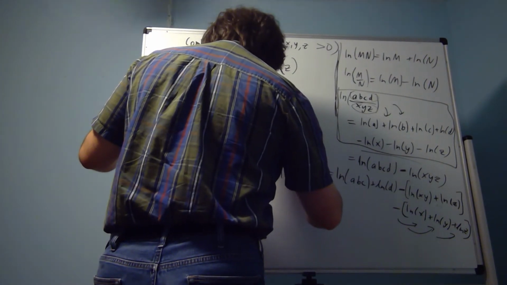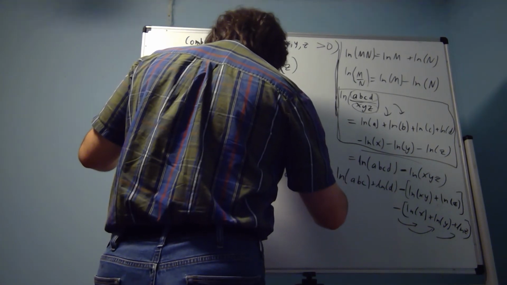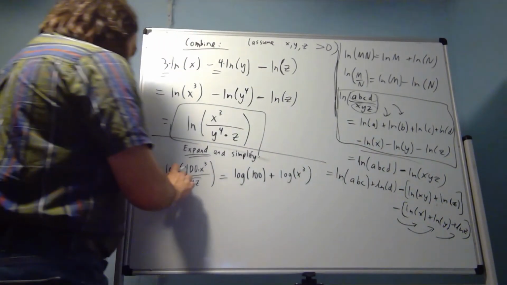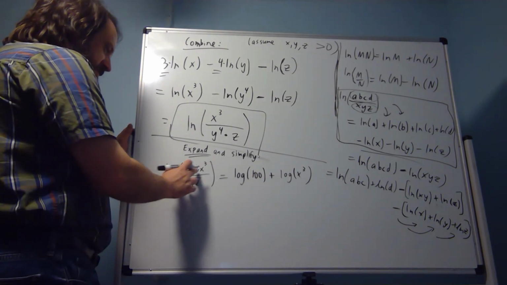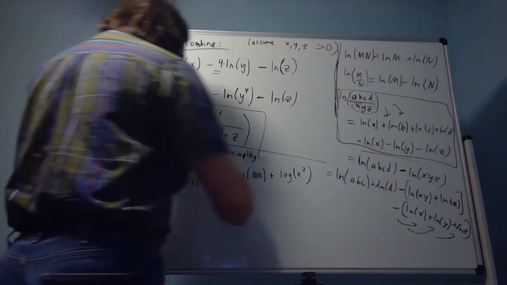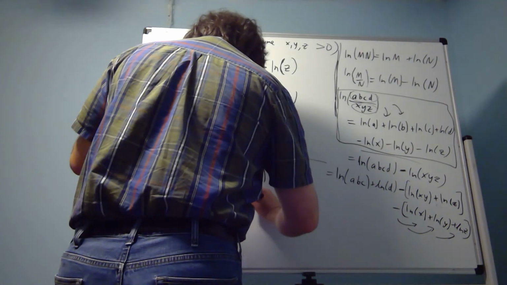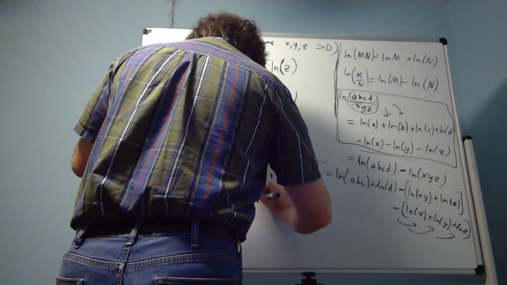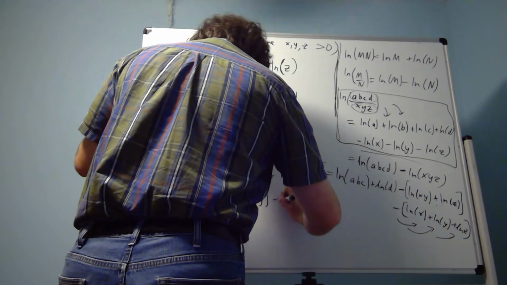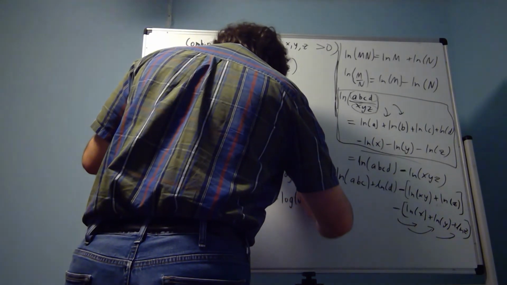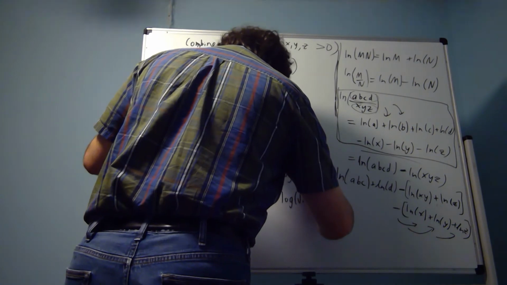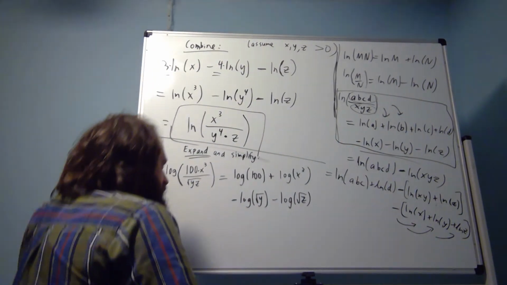So you take the factors, you add log of the numerator factors added together, so log of 100 plus log of x cubed, but then minus log of square root of y times square root of z. So it's log of square root of y and log of square root of z, however you want to.